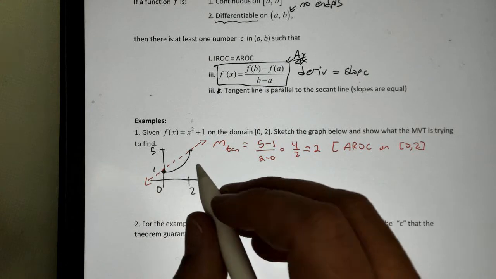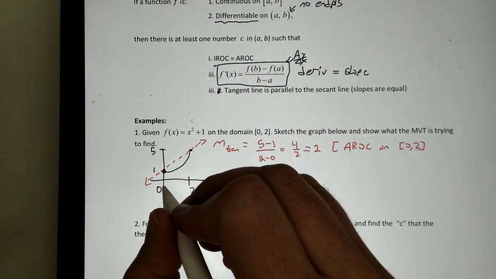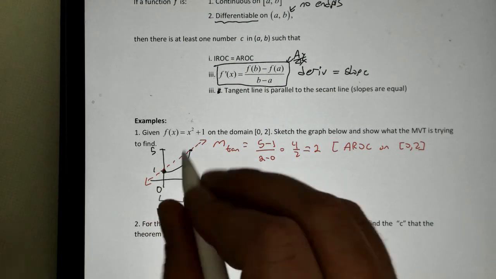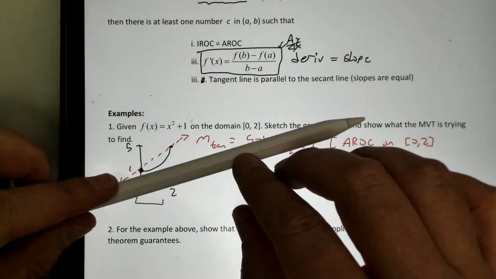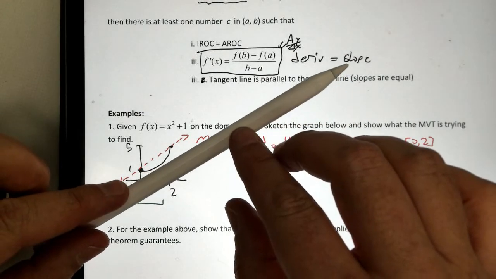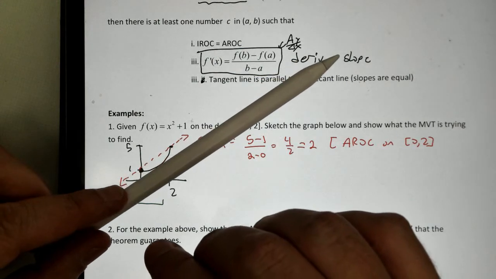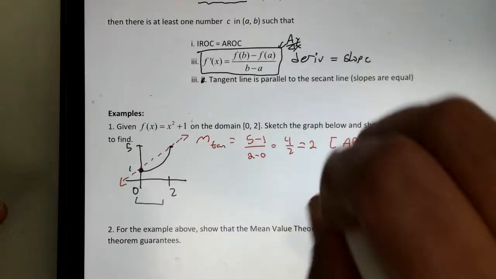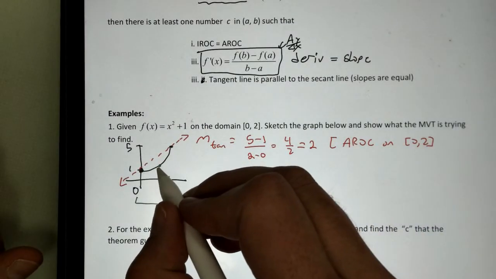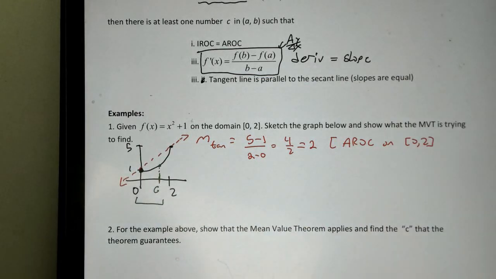What we want to find is another line somewhere in between 0 and 2, where the slope is exactly the same. So in other words, if I were to graph a tangent line that has the exact same slope as what we just found, it looks to be about right here. So I know that somewhere around right here, there is a C value, as we're going to call it, where the slopes are exactly the same.